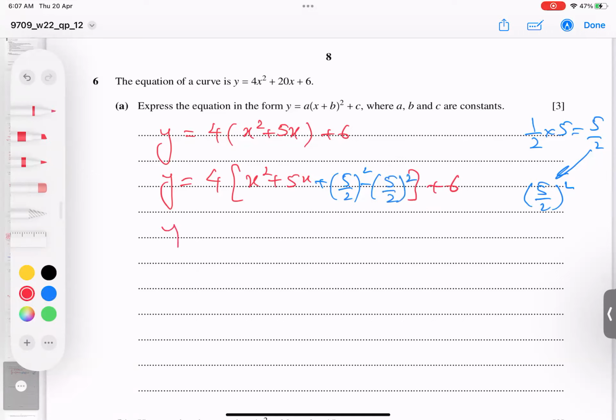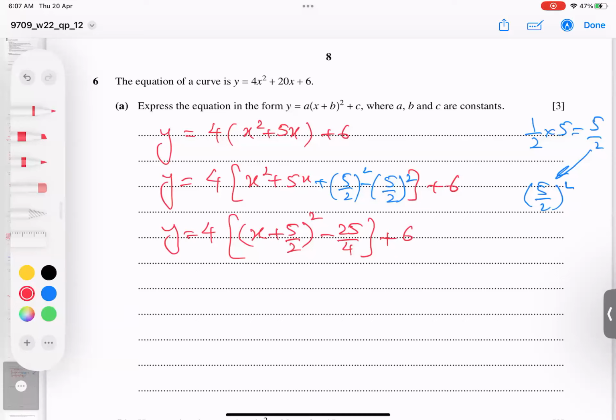Now, how will these 3 terms combine? From here, x comes under power 2, and this plus sign. If here is a minus sign, then minus is plus, so plus. I got x plus 5 over 2. What about this? Minus 5 squared, 25, 2 squared, 4 inside the bracket.